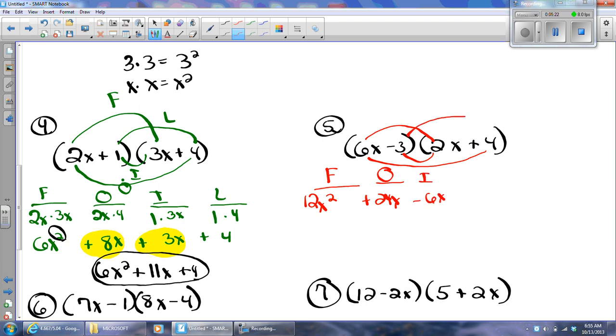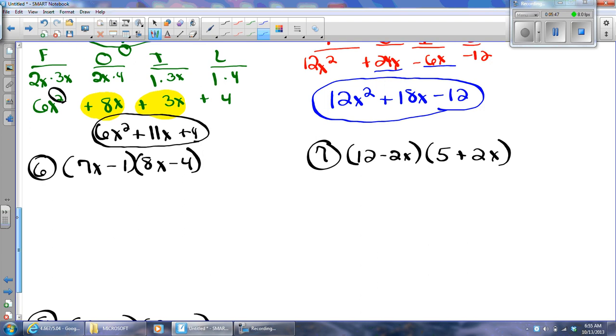Then I'm going to do my lasts. I'm going to do negative 12. Okay, so my firsts are 12x squared. I have some like terms here. I think I'm going to get a positive 18x and then minus 12. And there you go.